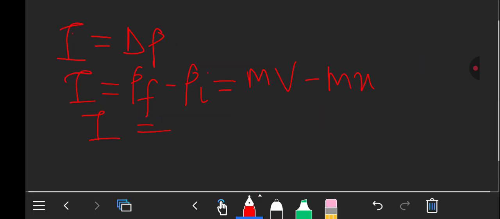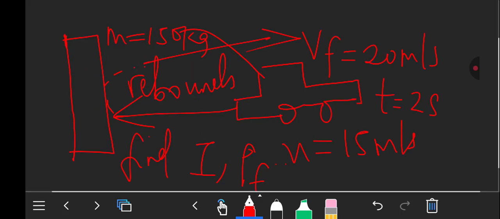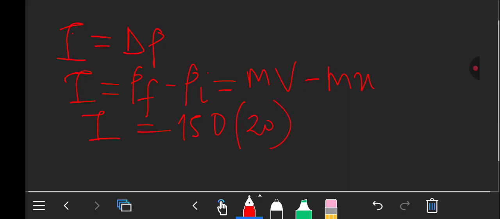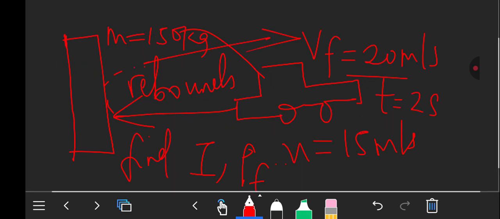So we're going to say 150 multiplied by the final velocity, 20, minus 150 times the initial velocity.